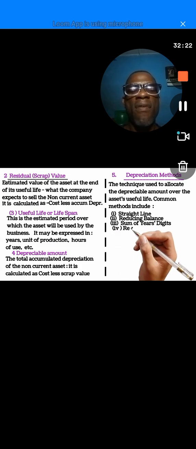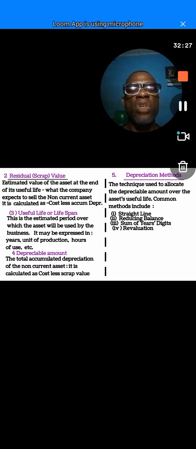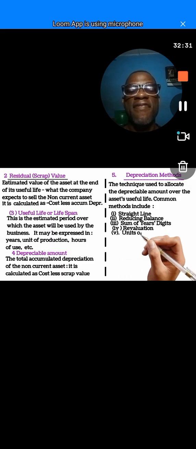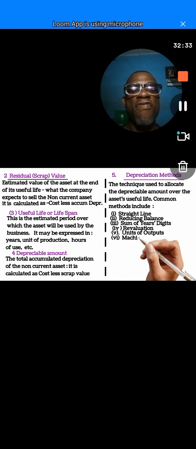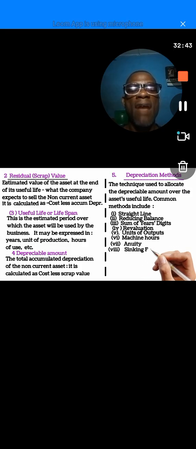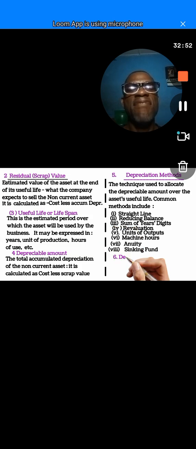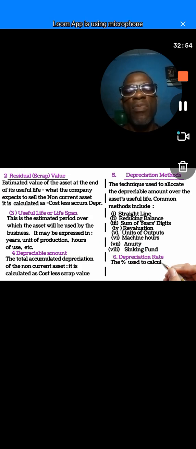Number four, the revaluation method of depreciation. We also have the unit of output, the machine hour method, the annuity method, and the sinking fund method. We shall be picking each of these methods one after the other as we progress.